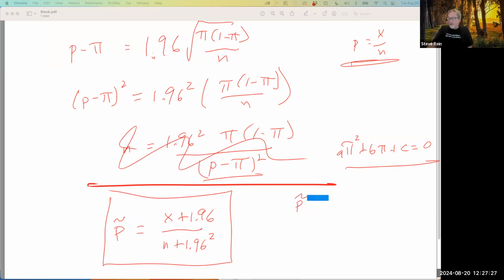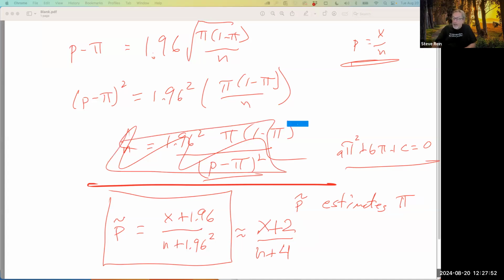P tilde estimates pi. It's a different way of estimating pi, and p tilde, you could write as approximately x, the number of hits or the number of heads that you have, plus 2 over n plus 4. So again, solving for pi, you could bracket pi with this approach.